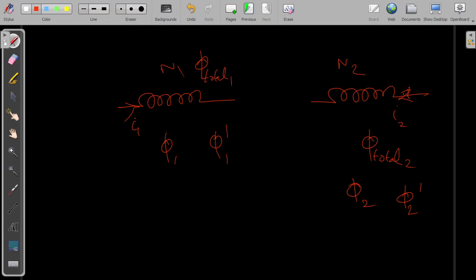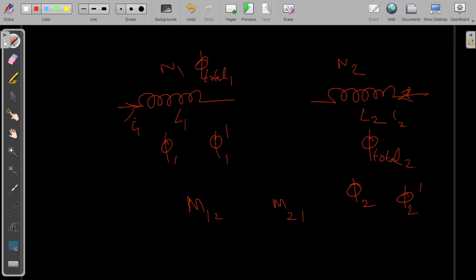So that means we have the self inductance of coil 1, that is L1, and the self inductance of coil 2, that is L2. Also we have two mutual inductances, M12 and M21.